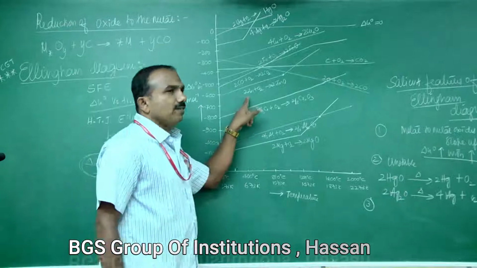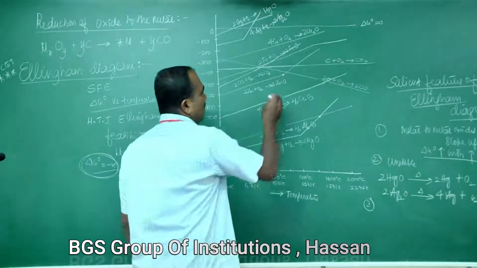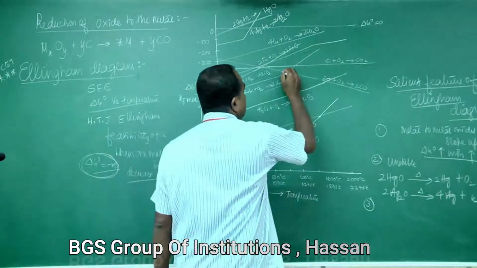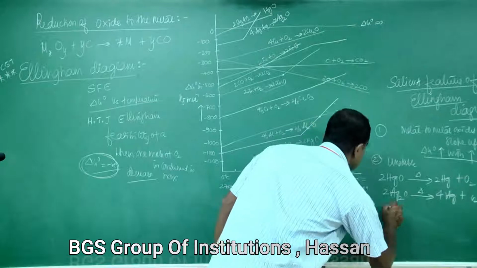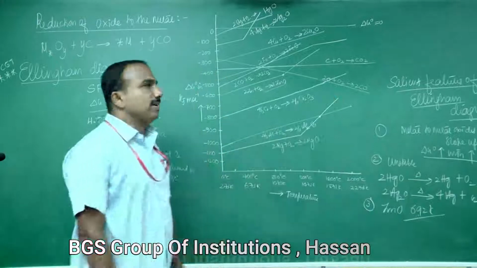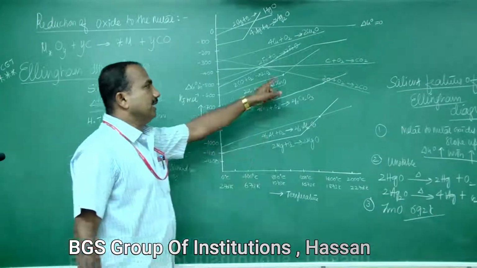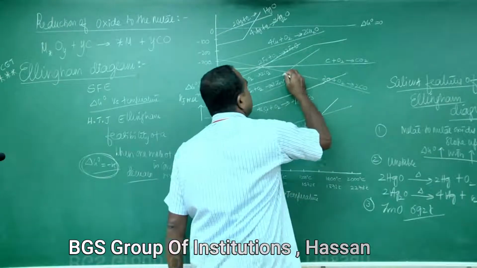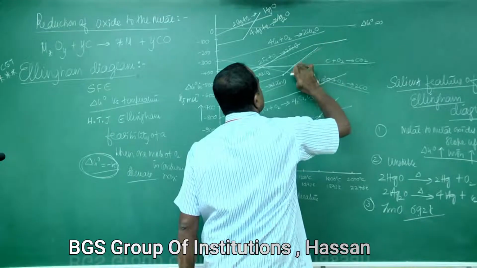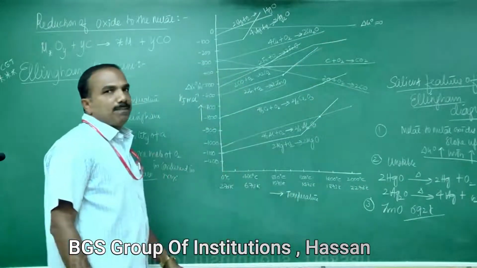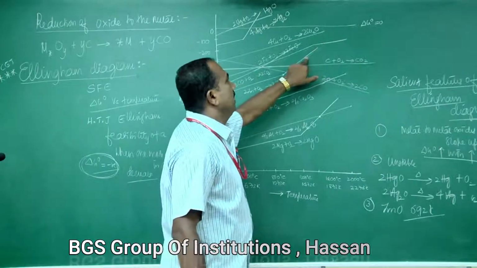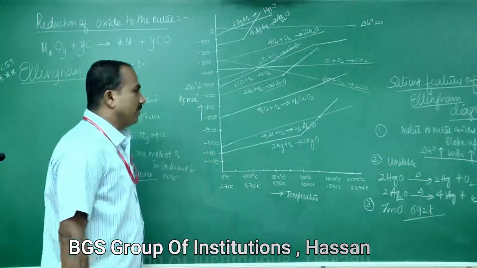For example, if you consider the graph for the formation of zinc oxide, the melting point of zinc oxide is around 692 Kelvin. At this point, there is a sudden change in the slope of the graph, due to the large changes in entropy values.